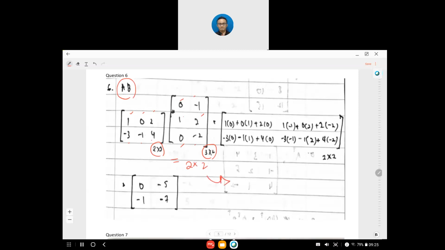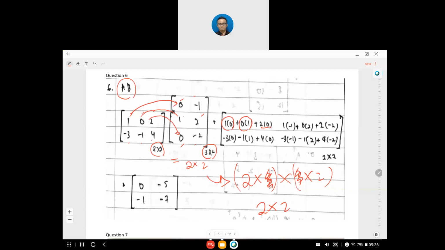Okay, how do we get this? Because you have a 2 times 3 matrix times a 3 times 2 matrix, it will cancel like this. So you get a 2 times 2 matrix as the last one. So how to solve it? 1 times 0 plus 0 times 1 here plus 2 times 0 here.